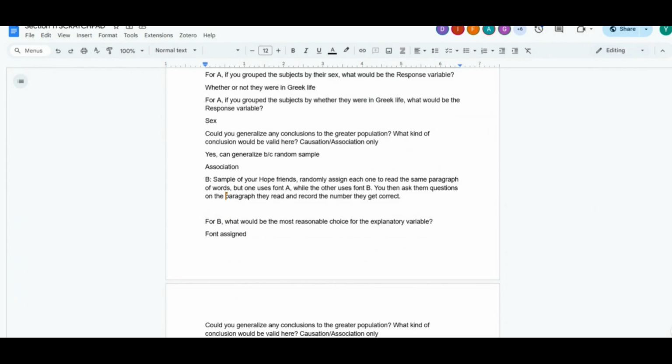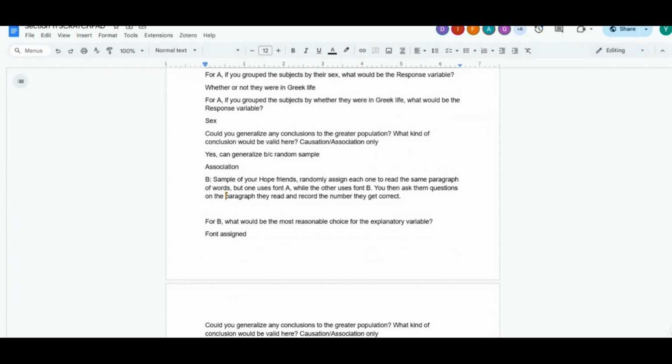Same words, some people read in font A, some people read in font B. Then you ask questions and you record how many you get correct or wrong. So I'm actually giving you potential projects you could actually do. Someone has already asked me about projects, actually. Projects I'll talk about after spring break. So not yet. You have to learn a little bit more stuff first, right?